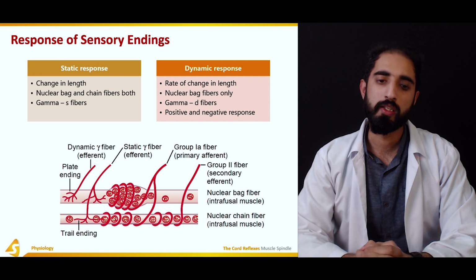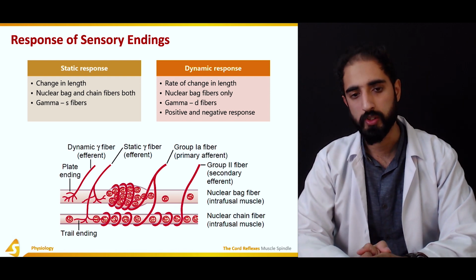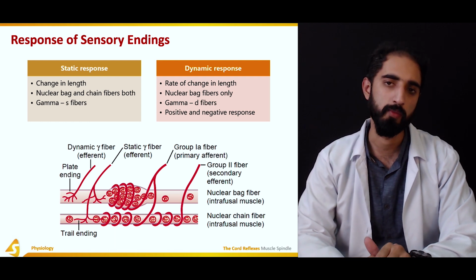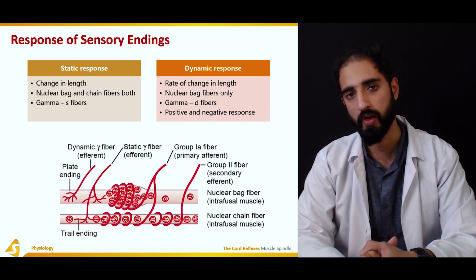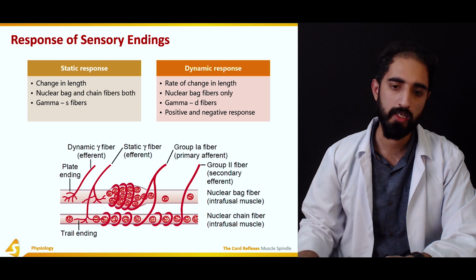In terms of static response, the gamma motor neurons are known as the gamma S or gamma static fibers, and in terms of dynamic response, they are the gamma D or gamma dynamic fibers. Here we can see them as well.